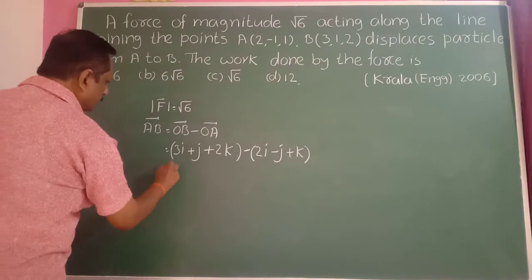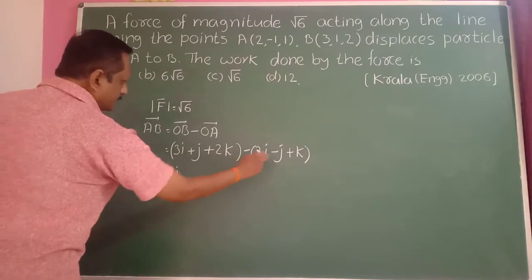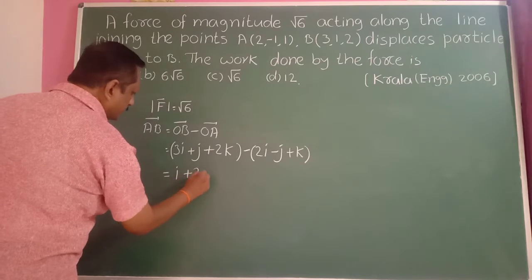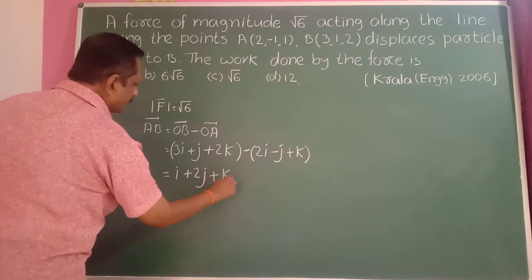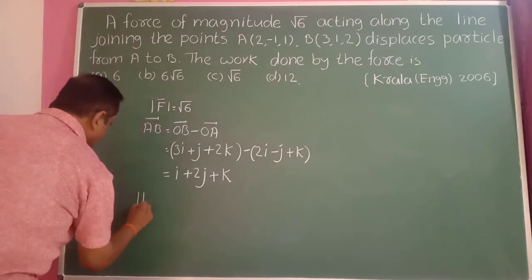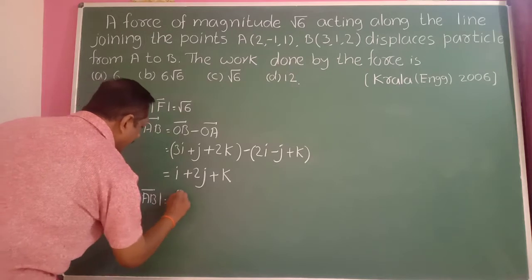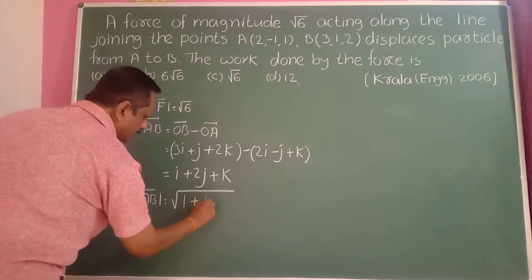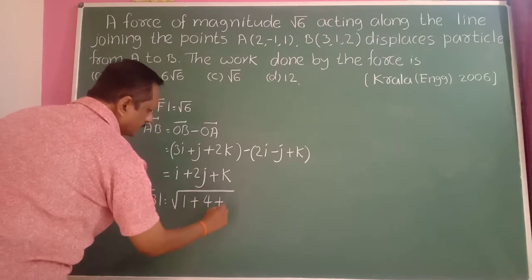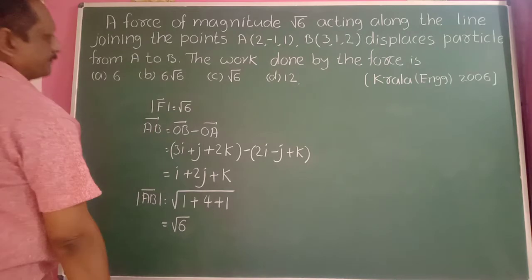Therefore, this equals 3i minus 2i becomes 1i, j plus j becomes 2j, 2k minus k becomes 1k. Then its modulus: modulus of the vector AB is the root of 1 square is 1 plus 2 square is 4 plus 1 square is 1. Therefore, this equals root 6.